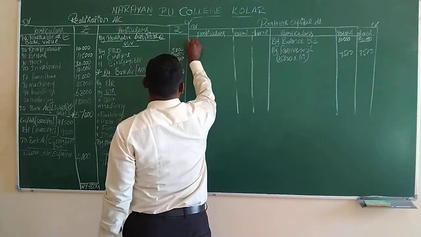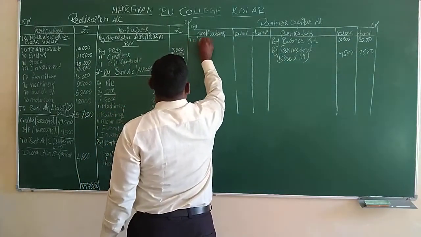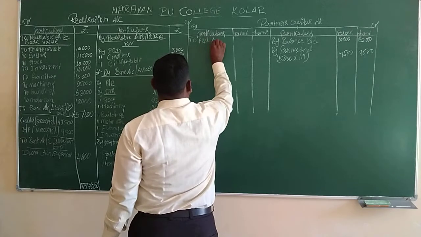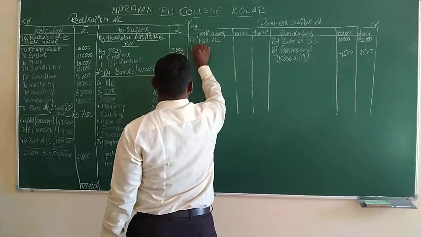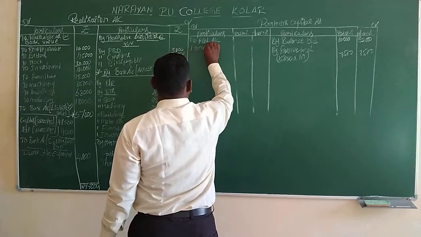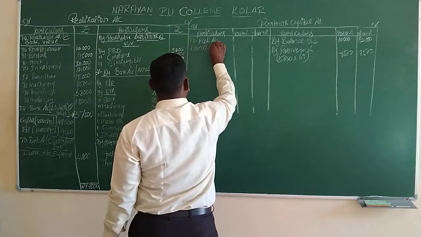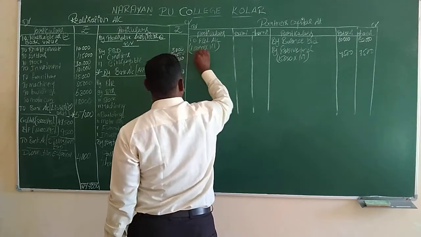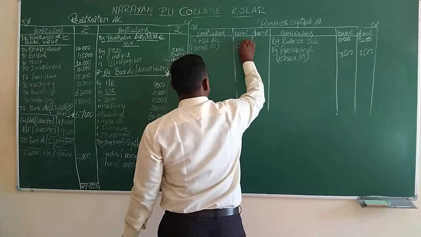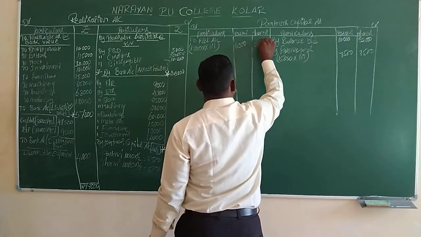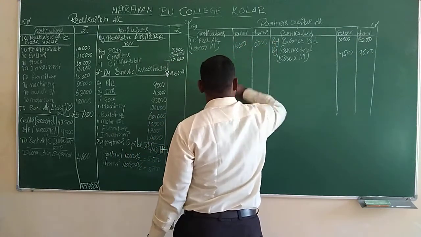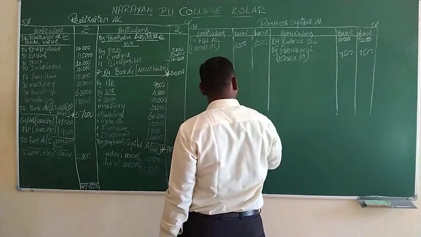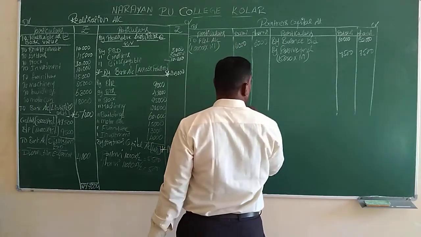We will write to profit and loss account. The value is 12,000, and we have to distribute it in the ratio of 1:1 equally. First partner will get 6,000, second partner will get again 6,000.